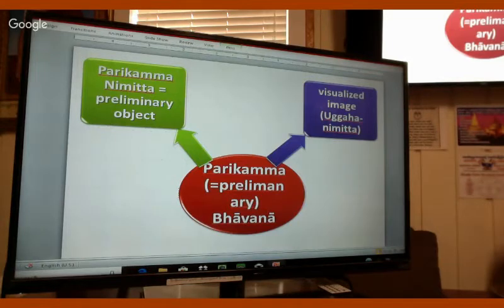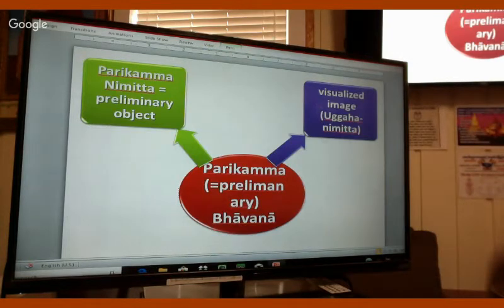So we have three kinds of bhavana. For any kind of practice of meditation, vipassana or samatha or whatever, when we practice, we need these three steps of bhavana: parikamma bhavana, upachara bhavana, and appana bhavana.